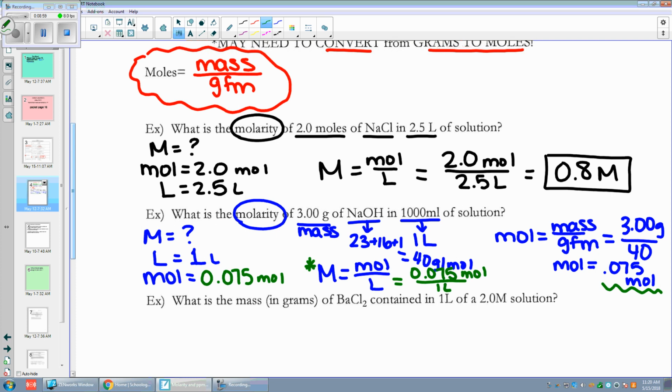I had 1 liter. That gives me 0.075 molar as my molarity. This was tricky. I needed to go from grams to moles first. We should write that. Grams to moles first.